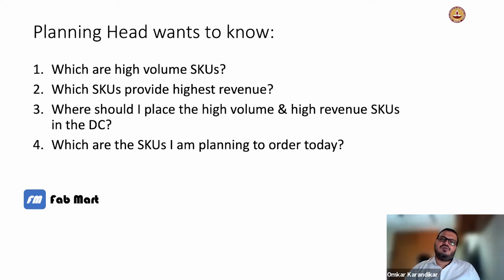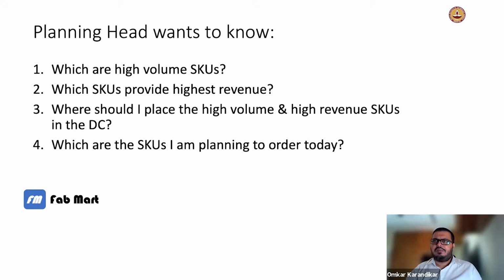Which SKUs provide me the highest revenue? Which SKUs do I need to worry about, especially for stock out? For example, a stock out of one unit of a mobile will be much more costly from a revenue perspective than a stock out of a soap.